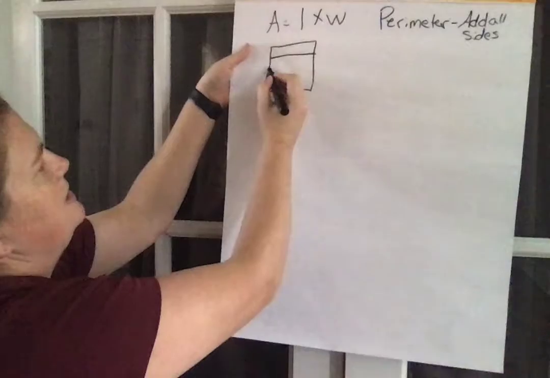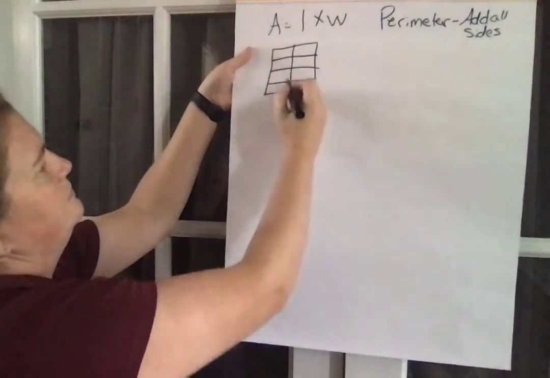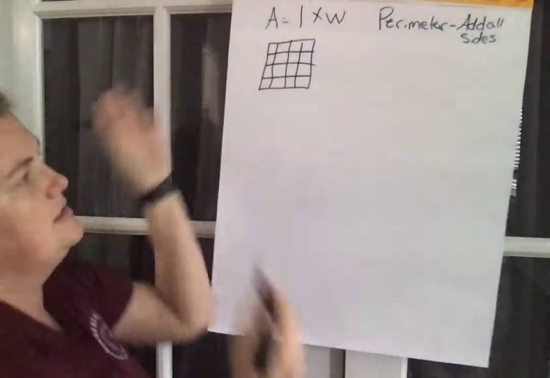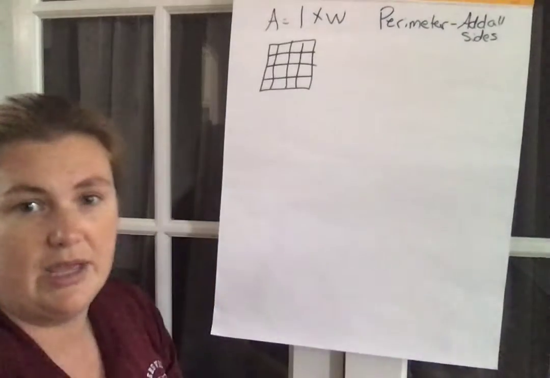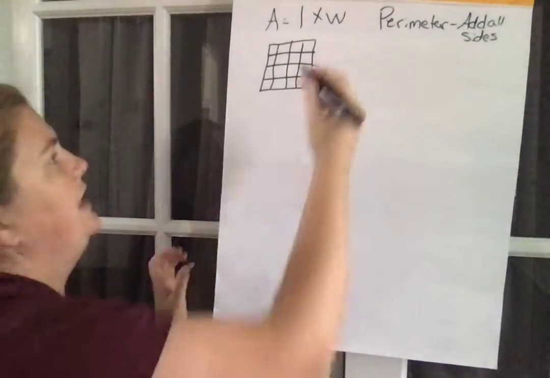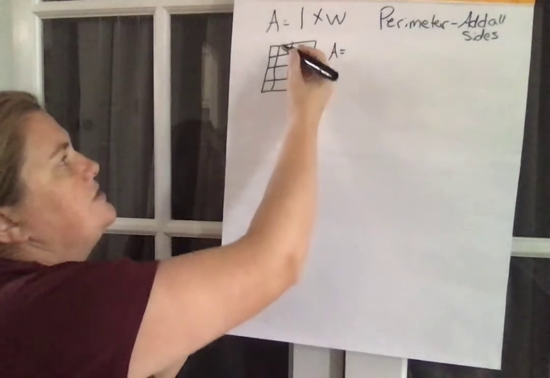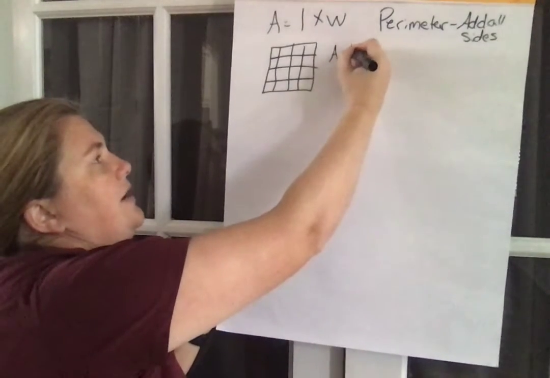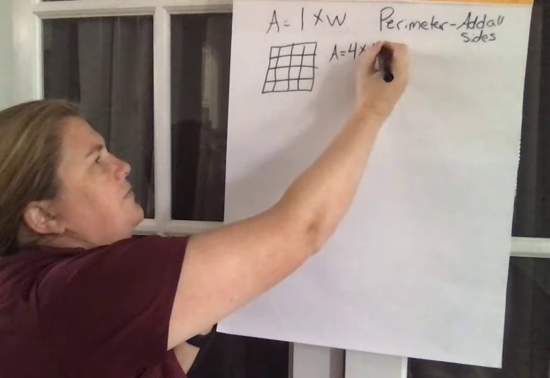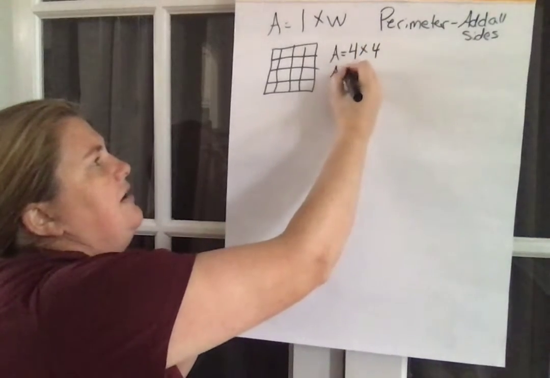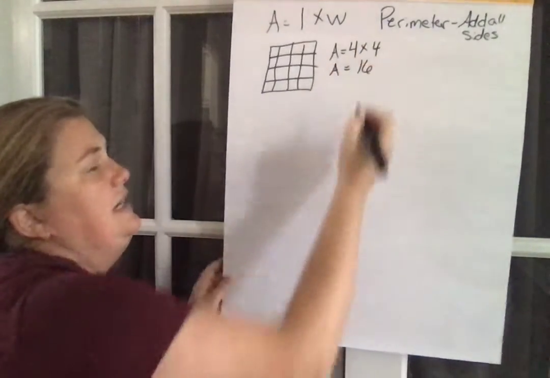So it looked like this. To know what your area is, we would simply either do length times width, or we would count our squares. Since it is 4 rows and 4 columns, that gives us an area of 16.